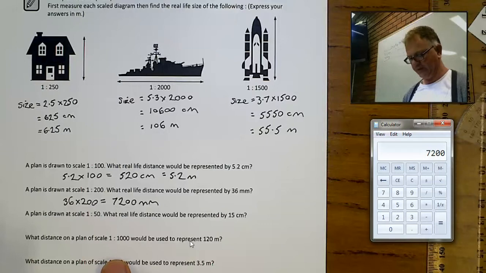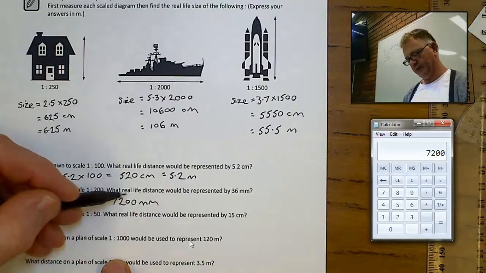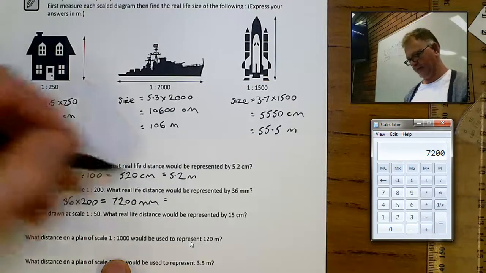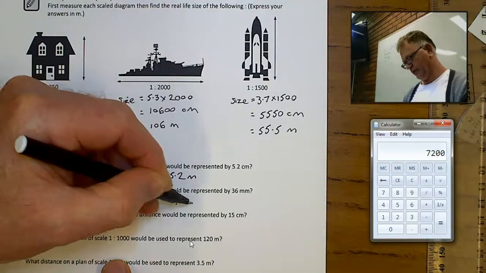I suppose you could leave your answer like that, or to change millimetres into metres, divide by 1,000, move the decimal place 3 positions, could be 7.2 metres.